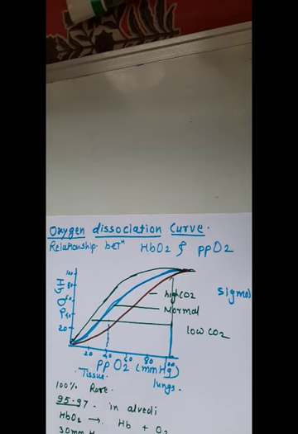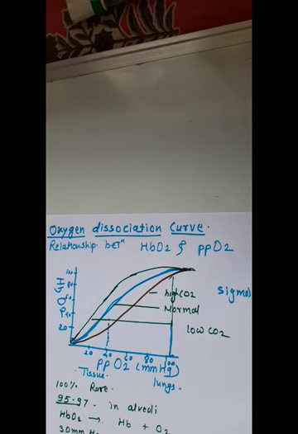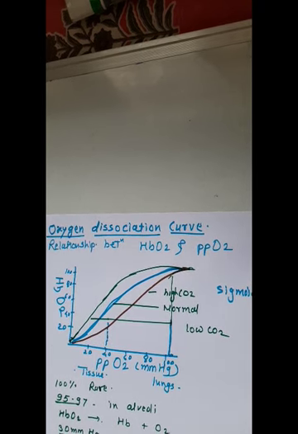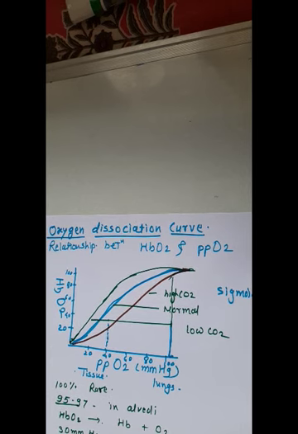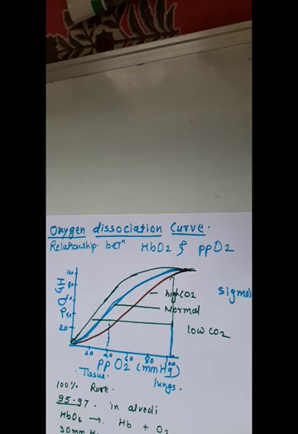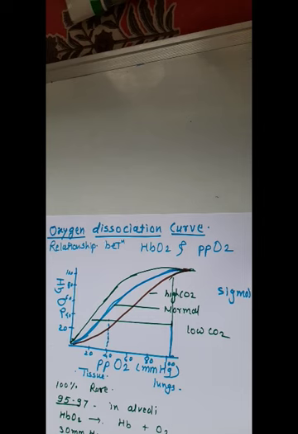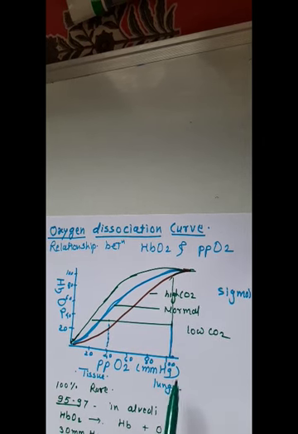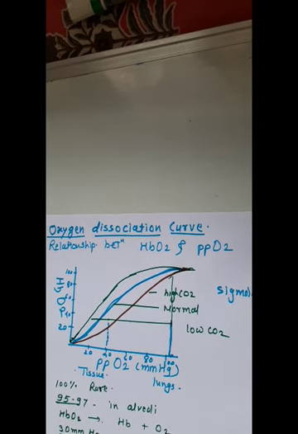This relationship between HbO2 saturation and oxygen tension is called the oxygen dissociation curve. The shifting of the oxyhemoglobin dissociation curve due to a change in the partial pressure of CO2 in the blood is called the Bohr effect.